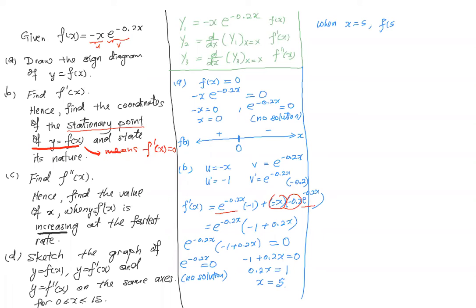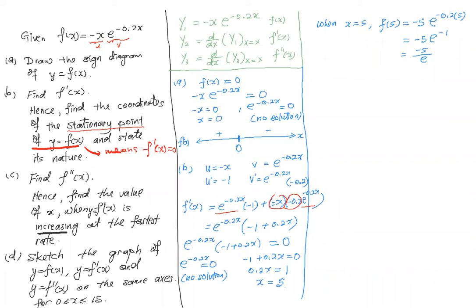So you want to find the coordinate, you must have the y coordinate as well. So equal to -5 e to the power of -0.2 times 5. So you have -5 times e to the power -1. Am I right? Okay, so it's -5 divided by e.